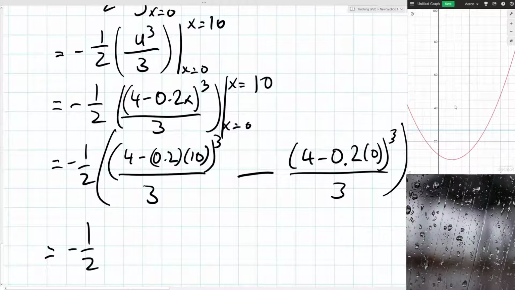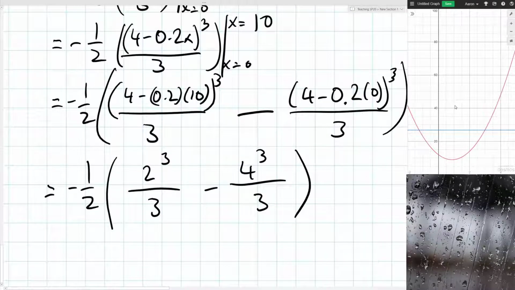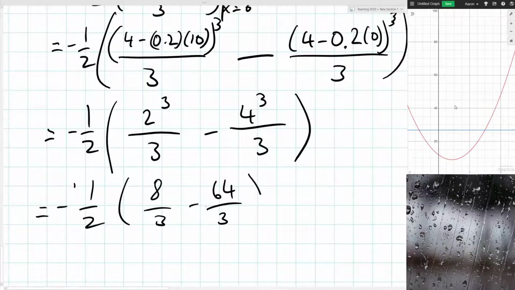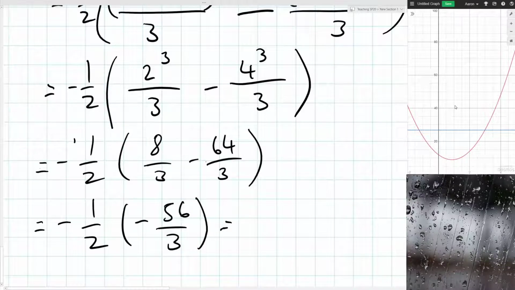So 4 minus 2 is 2. So that's 2 cubed over 3 minus 4 cubed over 3. That's negative 1/2 of 8 over 3 minus 64 over 3. Which is negative 1/2 of negative 56 over 3, which is also equal to positive 56 over 6.